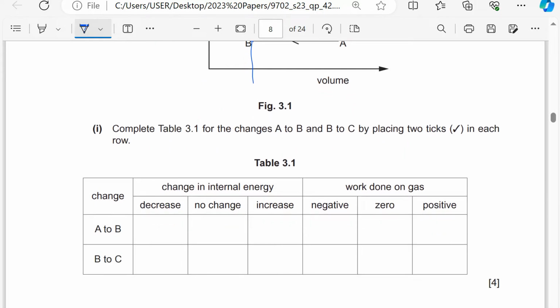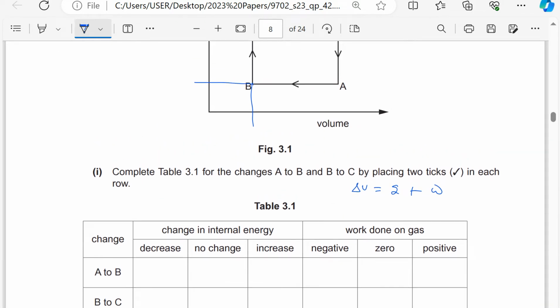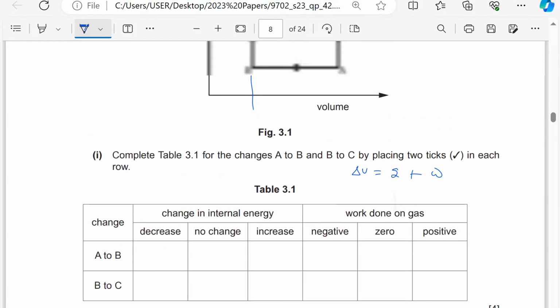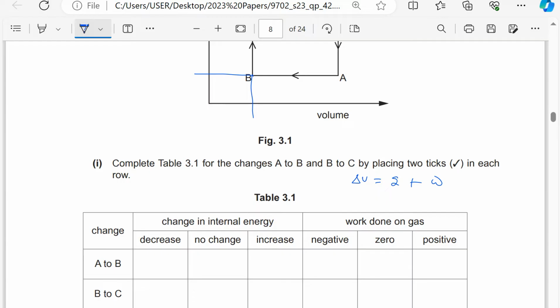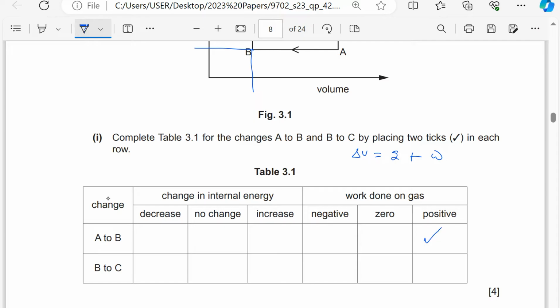A to B. So I'm going to just use a simple formula. The change in internal energy is equal to Q plus W. A to B, it is a compression. Work is done on the gas. Work done on the gas is positive, by the gas is negative. So A to B, work done is positive.